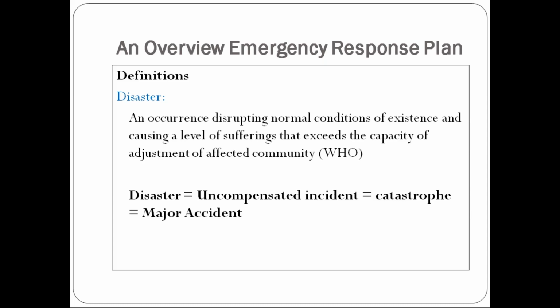That means the community, the surroundings, or the organization itself is not capable of dealing with the emergency or disaster scenario. Other terms used for disaster are uncompensated incidents, and sometimes we call them catastrophes or major accidents. These are all synonymous terms used for disasters.